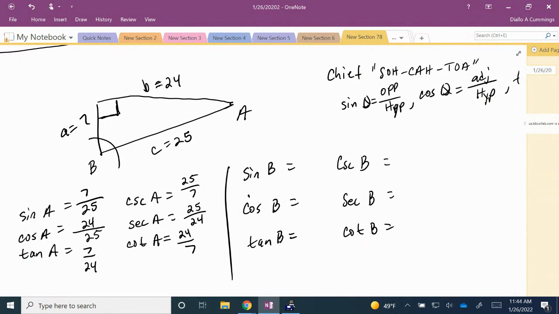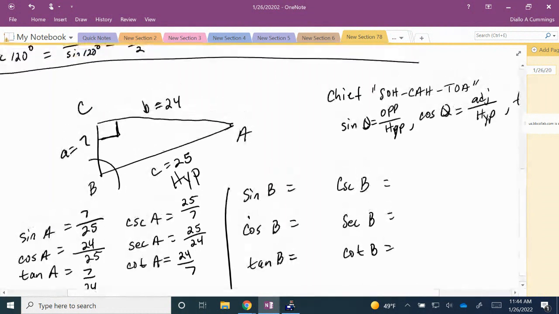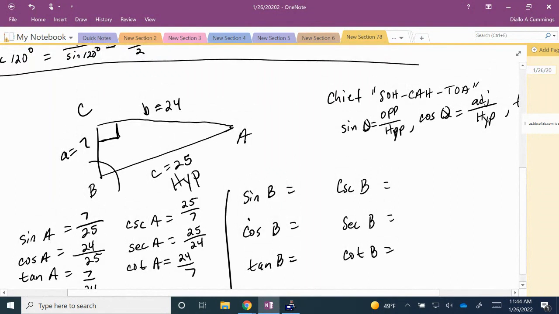The first thing I'm going to do is always list out the hypotenuse. Here again, I have my right angle as angle C. The side that's opposite angle C is side length C. That still serves as my hypotenuse. The hypotenuse isn't going to change, but what will change is the opposites and the adjacents. Since I'm dealing with angle B, next I'm going to list out the opposite.